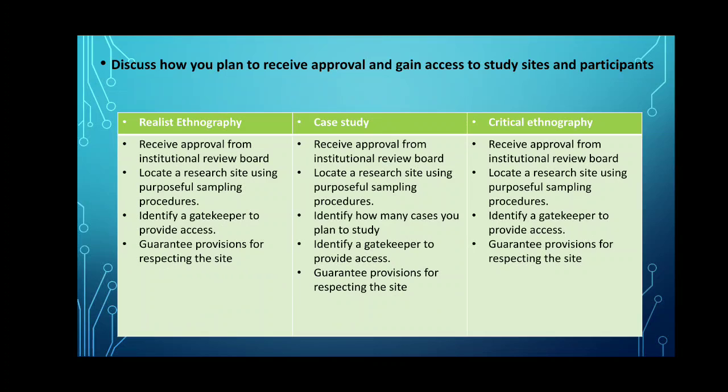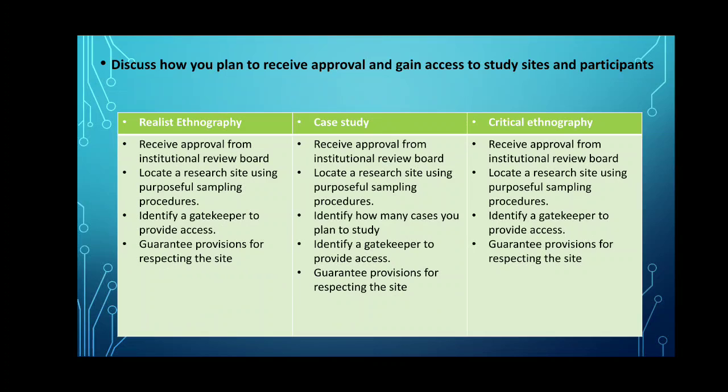In realist, you have to receive the approval from the institutional review board. You have to locate a research site using purposeful sampling procedures. You have to identify a gatekeeper who will give you access, and you have to guarantee provisions for respecting the site. That means you have to guarantee that you are going to respect whatever site and whatever access you have got to this particular research or to these particular participants.